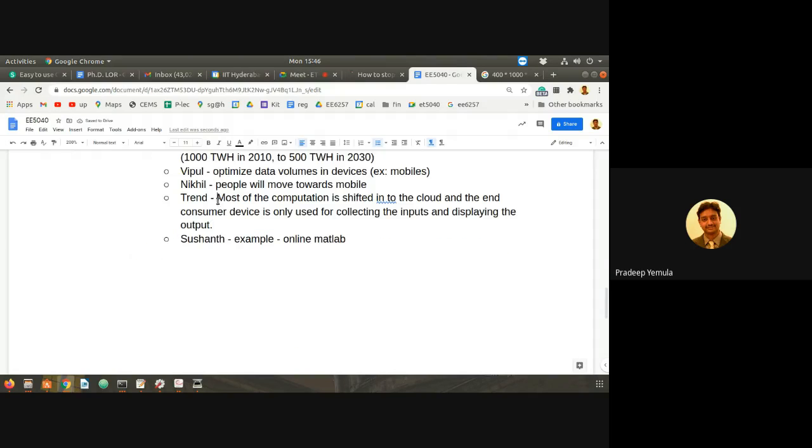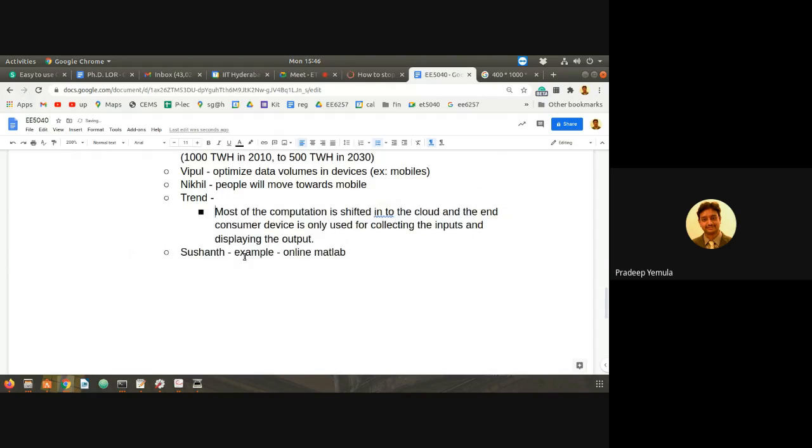So this is a trend which I am observing. And that may be the reason why yellow is less and blue and green are increasing.